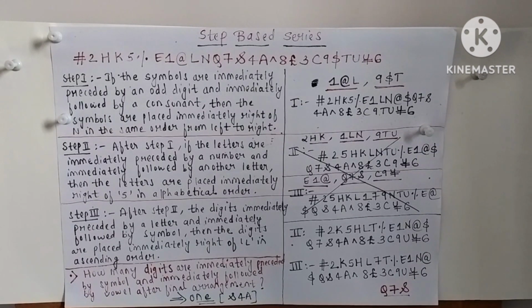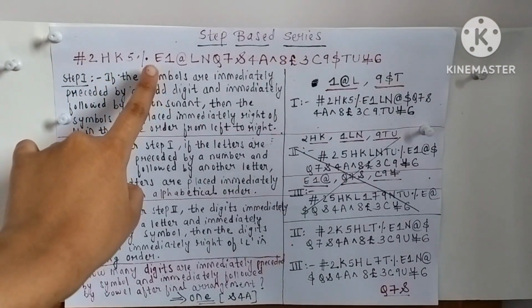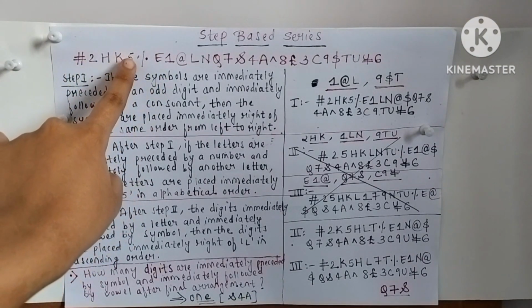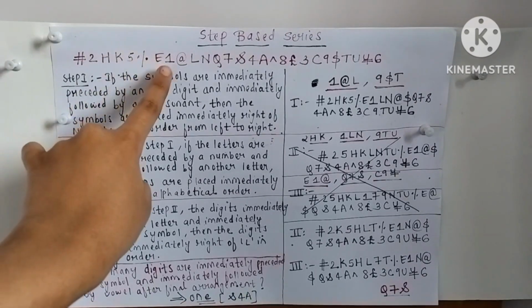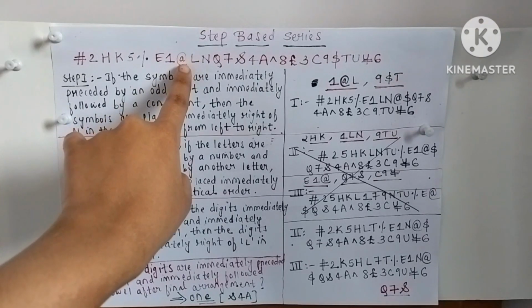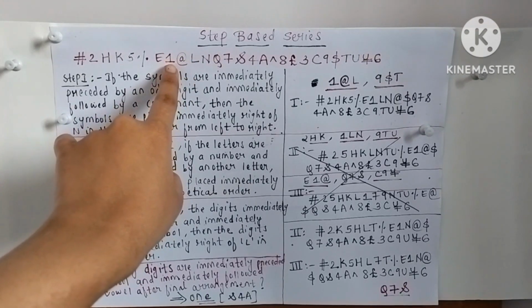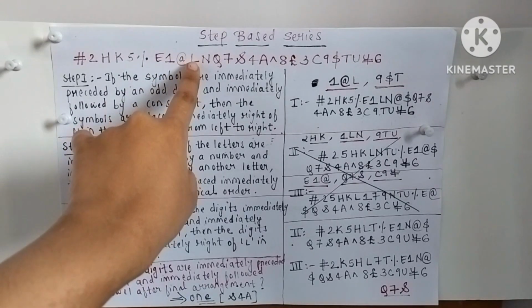Here the symbol is preceded by an odd digit but followed by something that is not a consonant, so leave it. Then the symbol which is preceded by an odd digit and followed by a consonant.